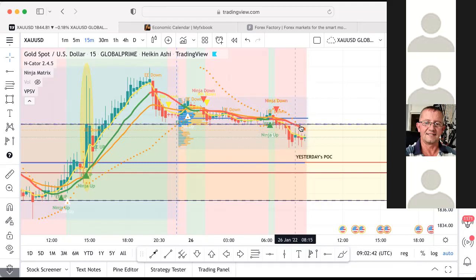The PSAR is behind that red line as well. I just checked that the PSAR hasn't found its way down to the bottom, which would be contradictory. But everything's in the right place. You've got the Ninja down, Ninja matrix down, the 5 MA below the 13 MA.